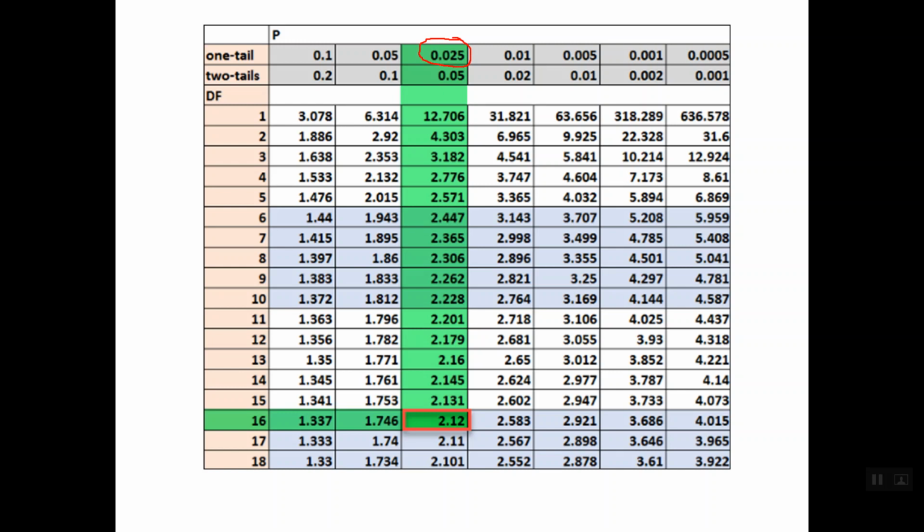And regarding the degrees of freedom, which is this column, we check for the degrees of freedom equal to 16. So the intersection between this significance level and the 16 degrees of freedom is 2.12. So the value of t at significance level 0.025 and degrees of freedom equal to 16 is 2.12.